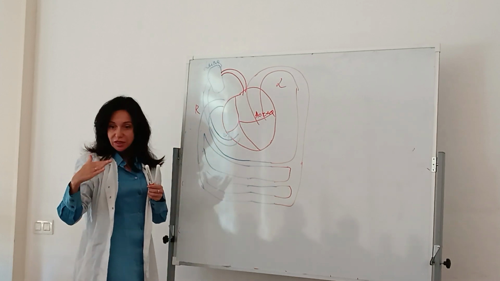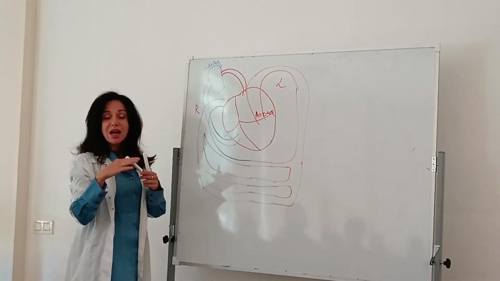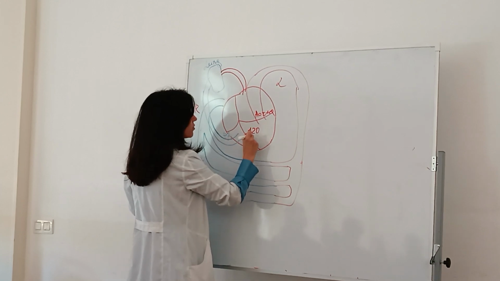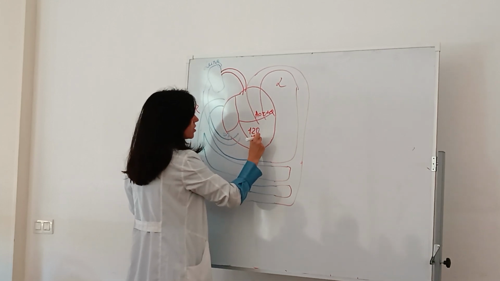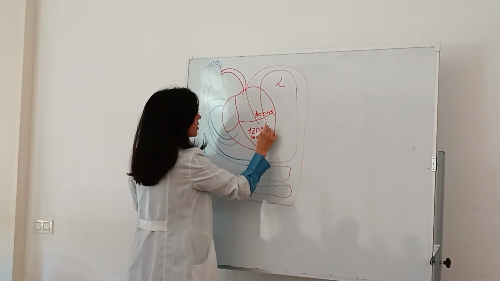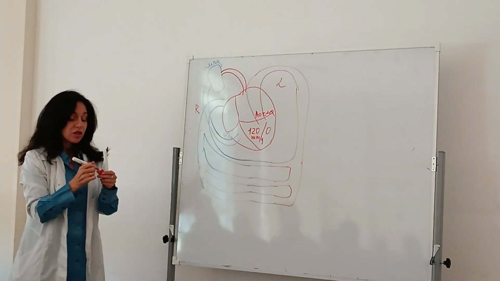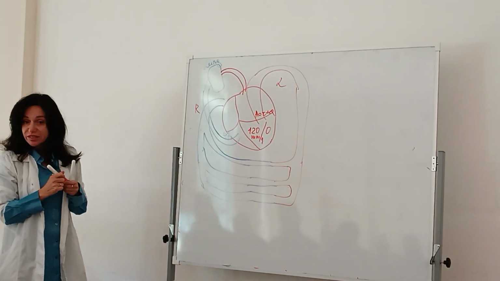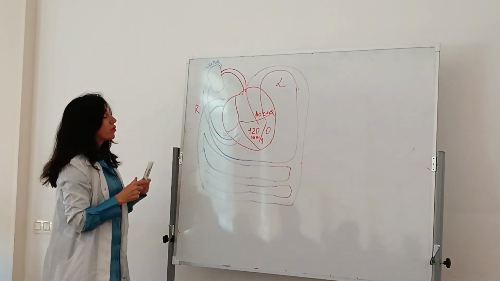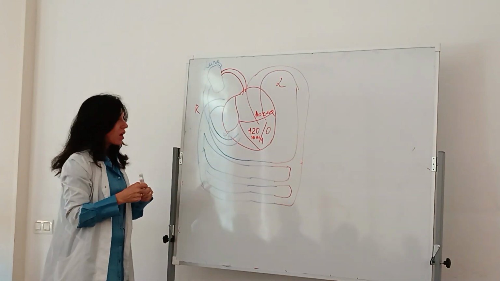Systolic blood pressure in the left ventricle in an adult person at rest is 120 millimeter Hg during systole phase and about 0 during diastole phase. What about the right part?